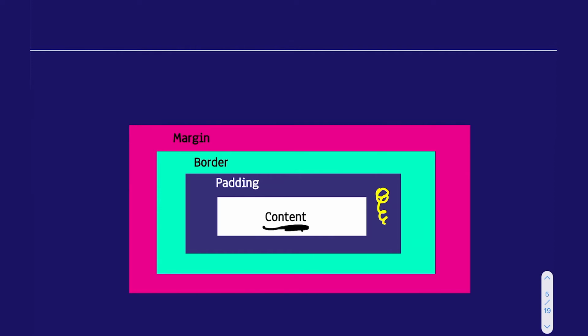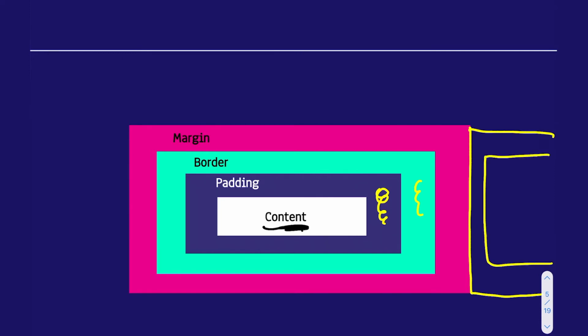Then between the margin and the padding, we've got that border, and then the margin is what separates elements out from one another. So if we had another element nearby, we would have it start here, this would be our margin, then we would have our border, padding, and the actual content, right?